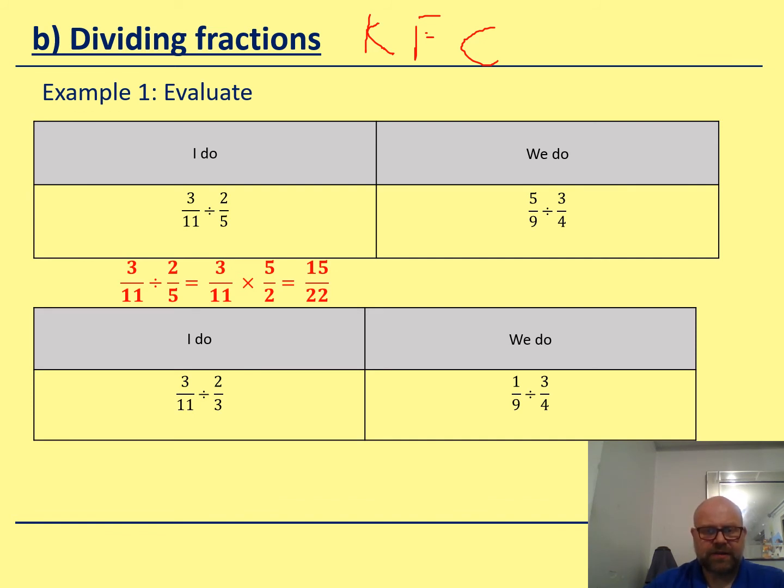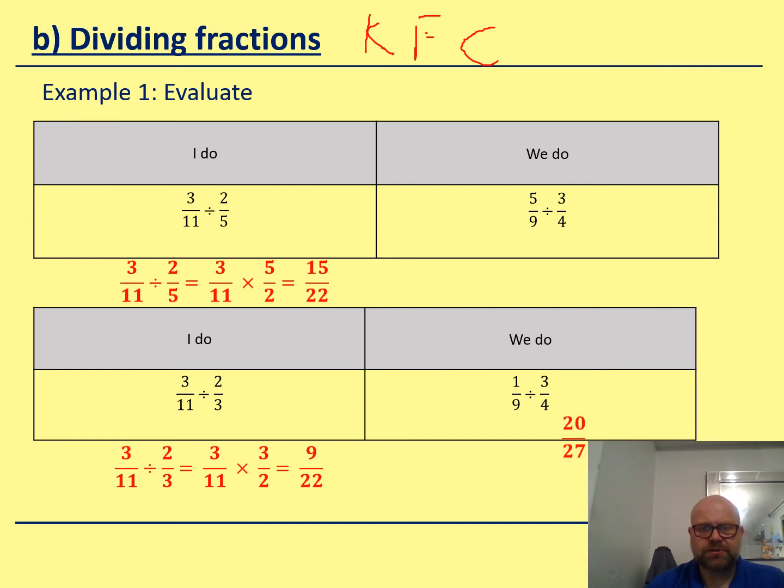So using KFC for this one, keep the first, 3/11, change that to 3/2 and multiply, so that you get 3/11 times 3/2, which is 9/22. So pause the video and you do this one and this one.